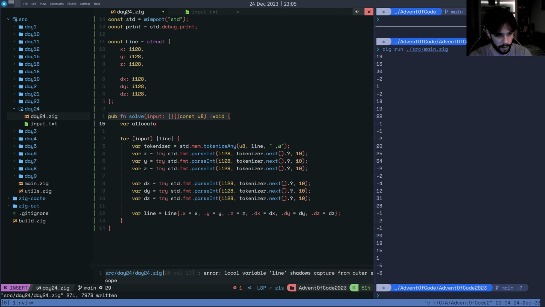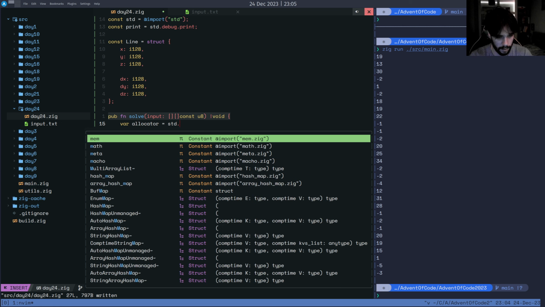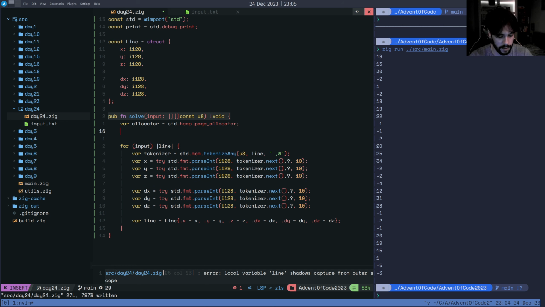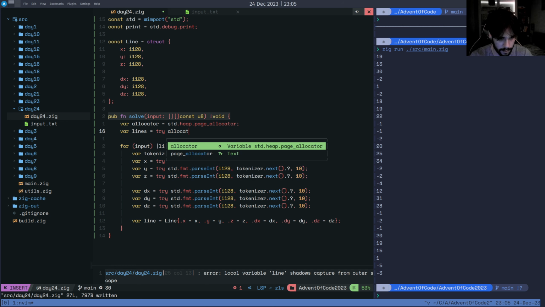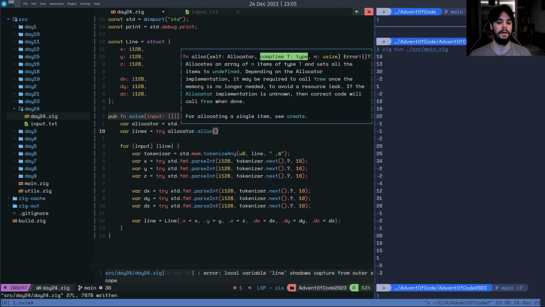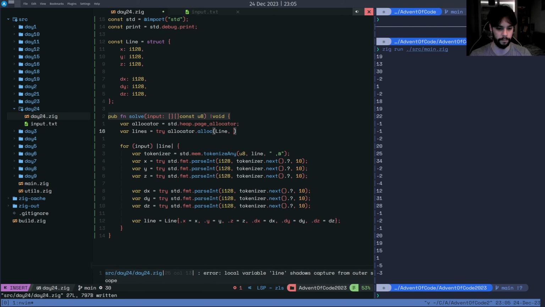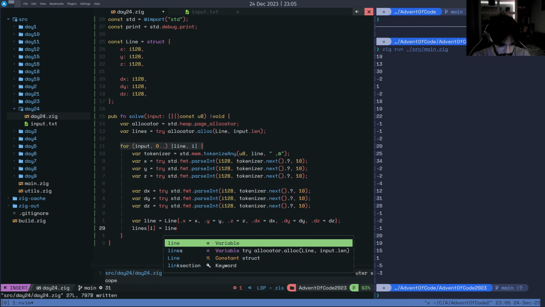Actually, we didn't need an allocator. std.heap.page_allocator. We have lines equals try allocator.alloc, an array of lines with size input.len, and we'll do 0, 0 there. lines[i] equals line.